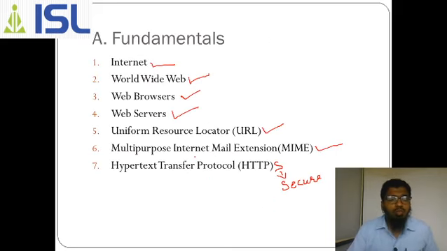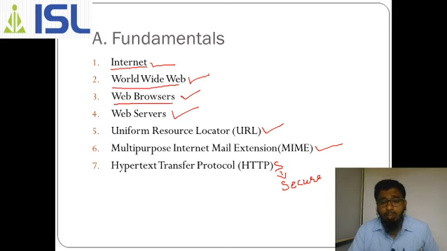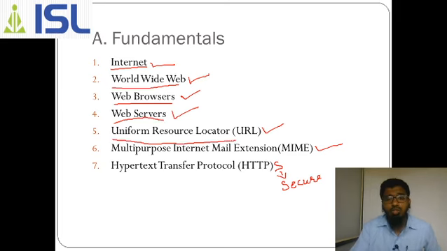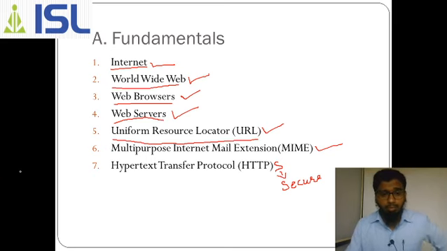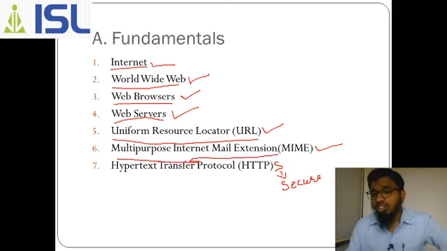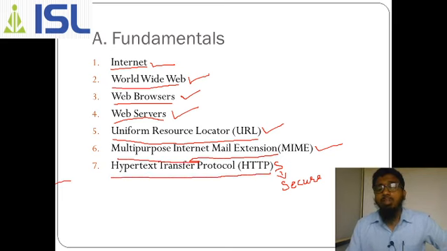We saw the internet. Okay, what is the internet? Then we saw the World Wide Web, and after that we saw web browsers, then we saw the web servers, then after that we saw the uniform resource locator, after that we saw the MIME, multi-purpose internet mail extension, then at the last we saw HTTP.